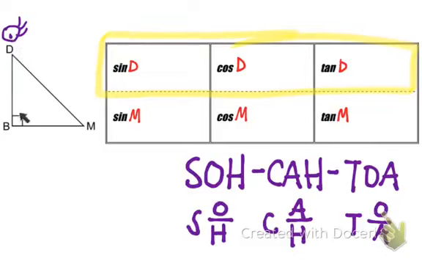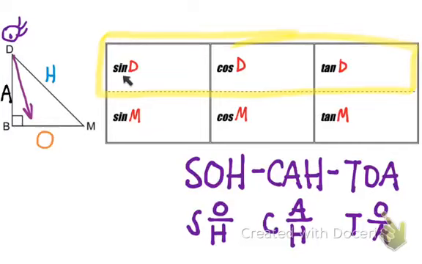Now the hypotenuse is always across from the right angle, so that's the first side I'm going to draw. Now the opposite side and the adjacent side are dependent on what angle you're looking from. If I look across from that specific angle, the side across from it is considered the opposite side. And then the side next to it would be the adjacent side.